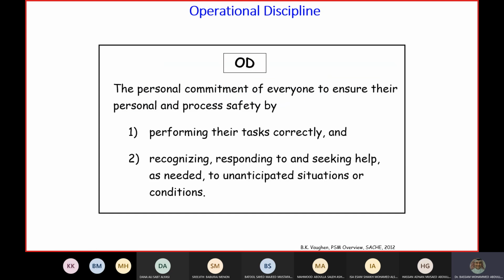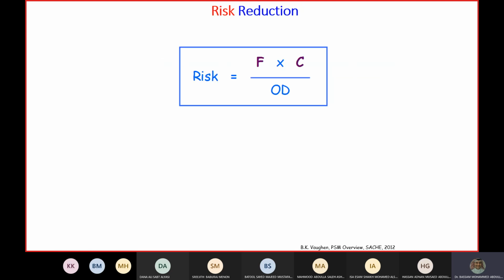We already know that, and we went through it. I'm not going to go through it again. So the risk is F multiplied by C, which is frequency multiplied by consequence, divided by the operational discipline, OD. Usually you will find the equation as only the frequency multiplied by the consequence, without this OD term. The OD term is just an additional factor in process safety, added to make things more accurate.